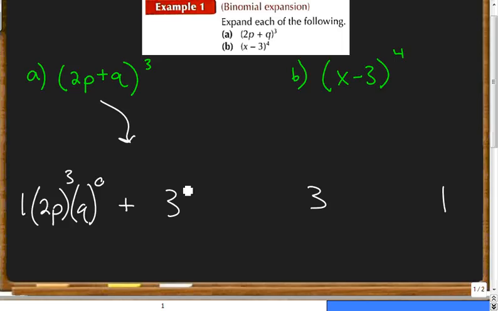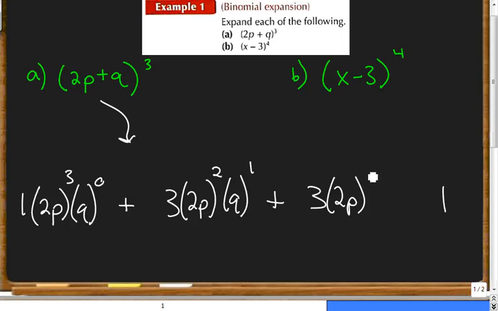Then we have 3 times 2p squared, and now the q gets one of the parts. And then we have 3 times 2p to the first, and the q gets 2 of the exponents now. And then finally, we get plus 1 times 2p to the 0, so it's gone, and we get q cubed.